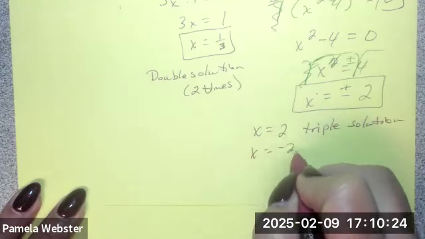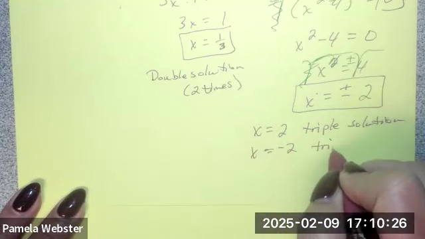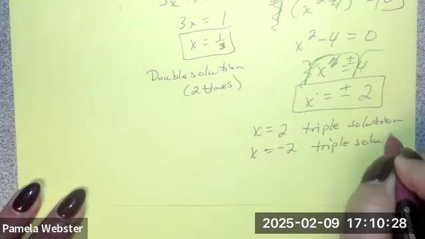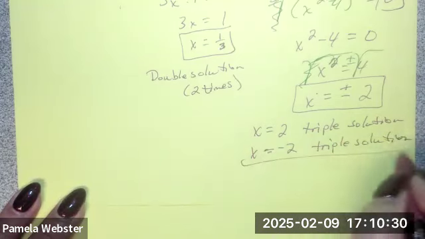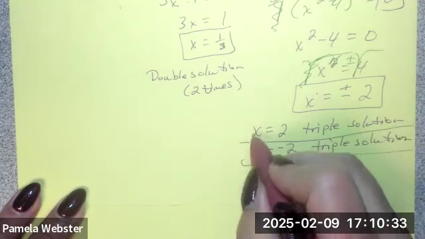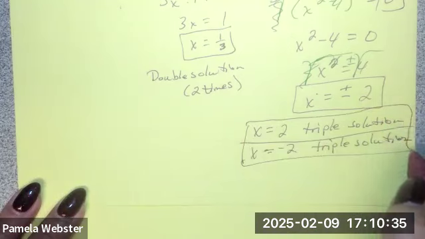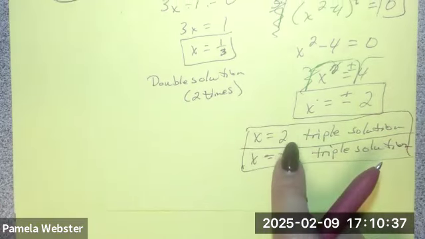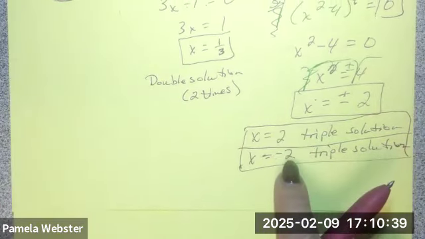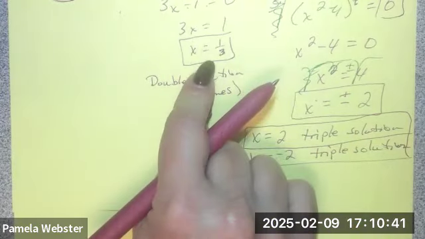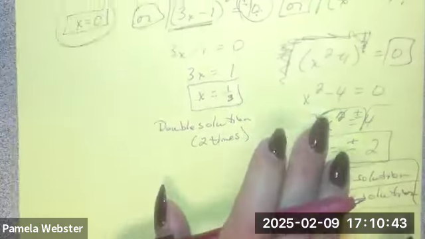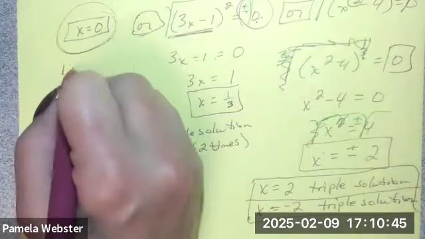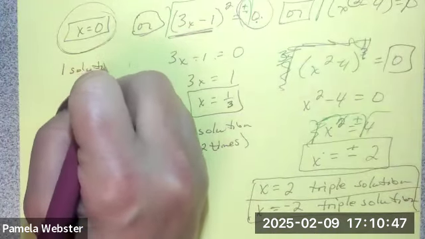X equals -2 is also a triple solution. Okay. So that's what's going on here. So when I think about it this way, the 2 works 3 times, the -2 works 3 times, the 1/3 works 2 times, and the 0 only works 1 solution, 1 time.